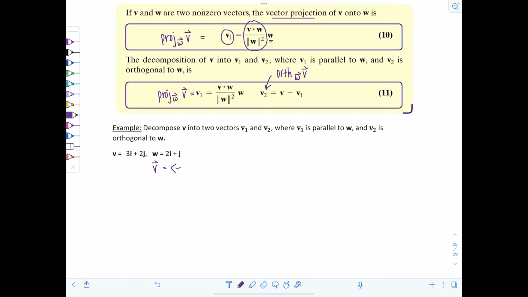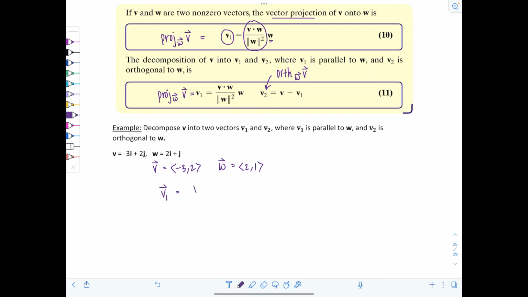So vector V has components -3, 2, and vector W has components 2, 1. All right, they want us to find V1. V1 is parallel to W. It's the vector projection of V along W. I think maybe the V1 and V2 notation is just a little cumbersome because later on you write it out using that notation, which is a little more clear.